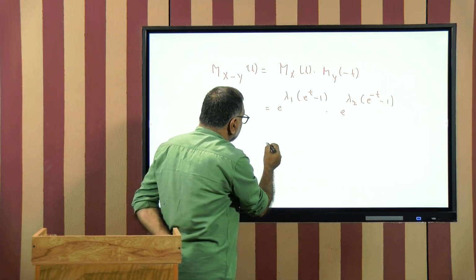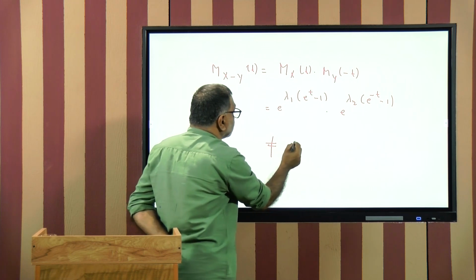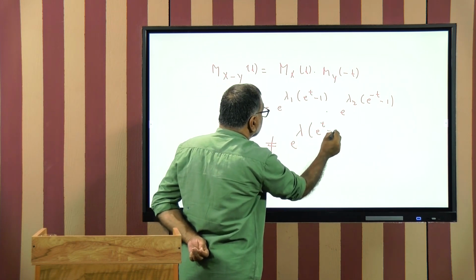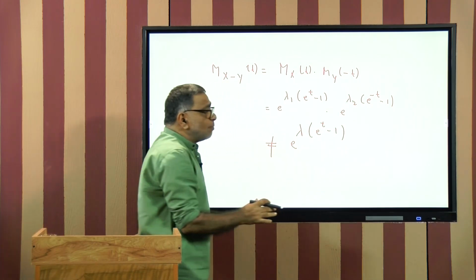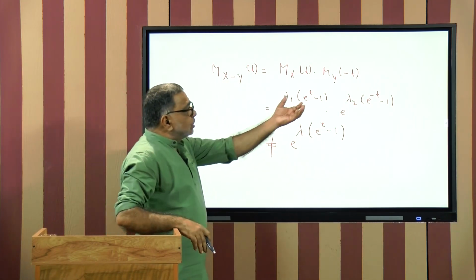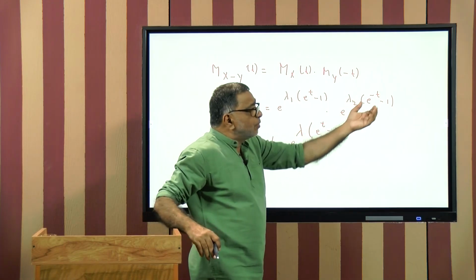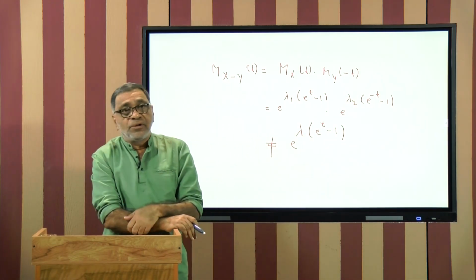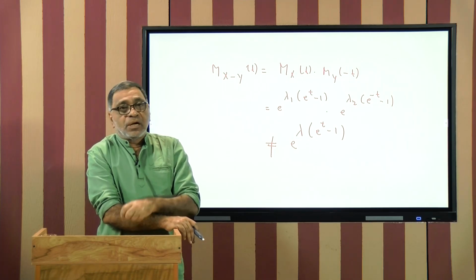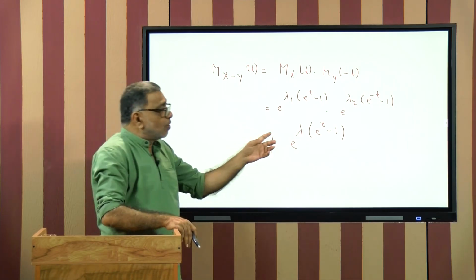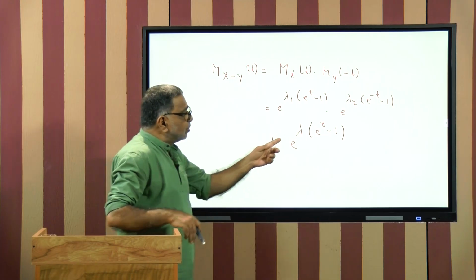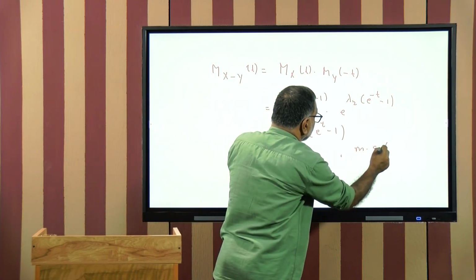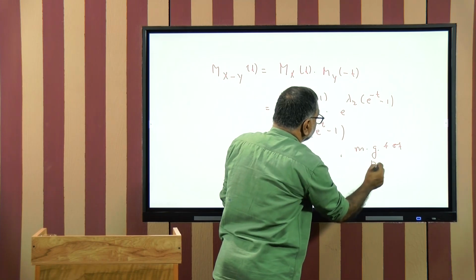And that is not in the form of an expression of e power lambda into e power t minus 1. We cannot combine those two factors because it is e power t minus 1 and this is e power minus t minus 1. It is not possible to combine the two expressions and make it in the form of e power lambda into e power t minus 1, which is the moment generating function of a Poisson random variable.